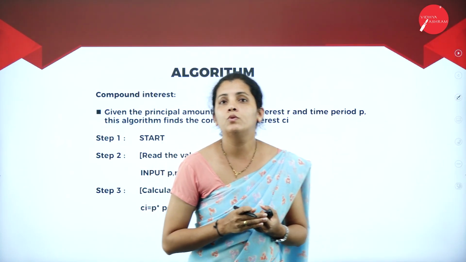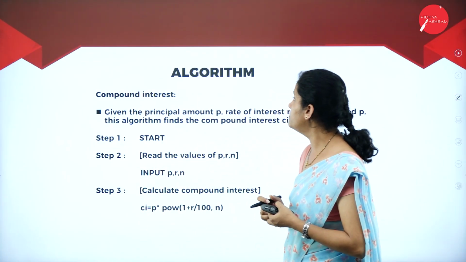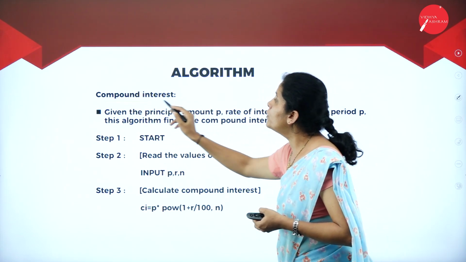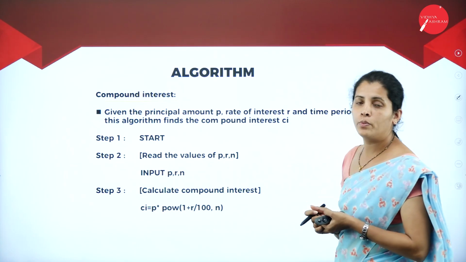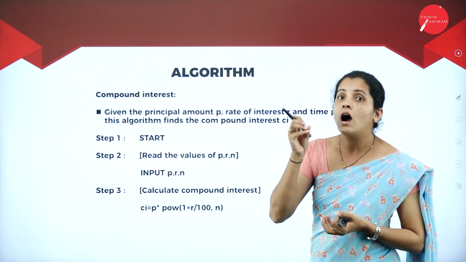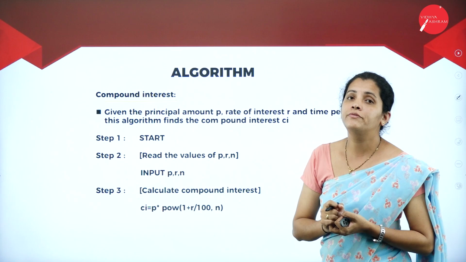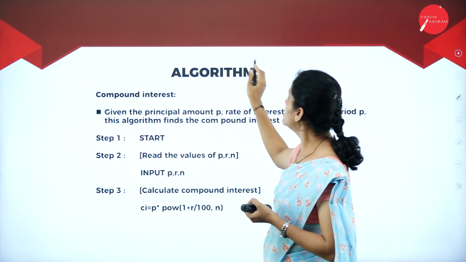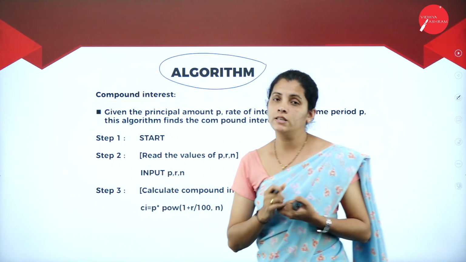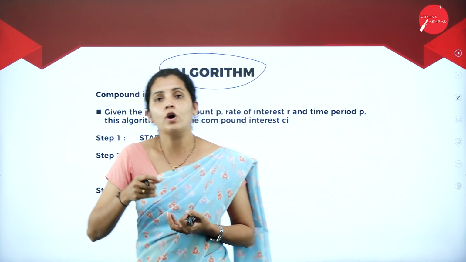Moving further, I'm going to have first algorithm, that is compound interest. That means how to find the compound interest and how to write the algorithm for finding compound interest. Before that, let me explain what is algorithm first. So what is algorithm?